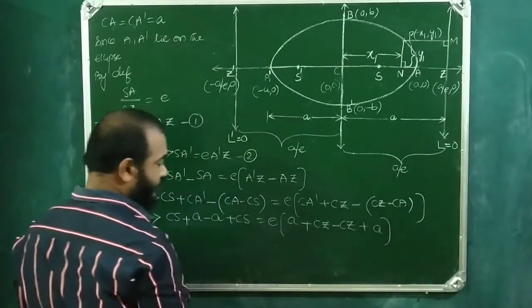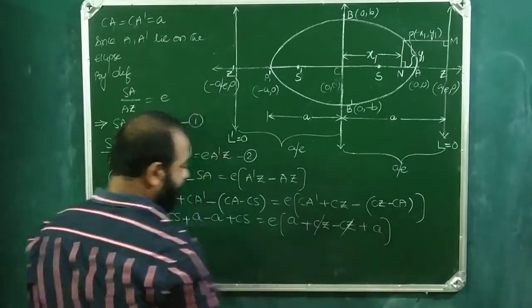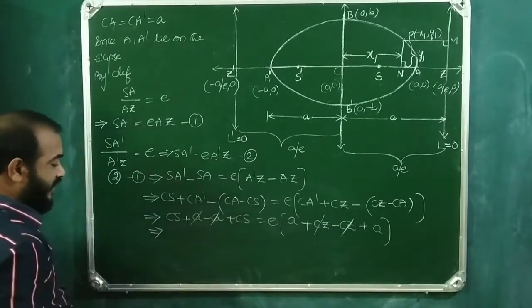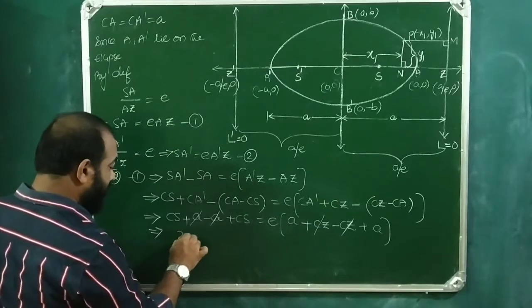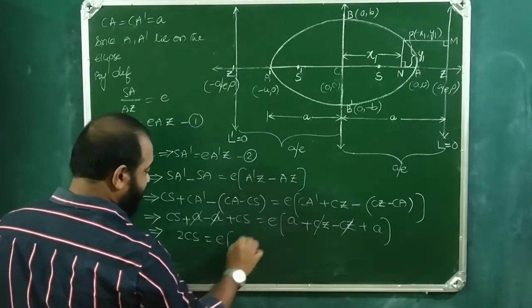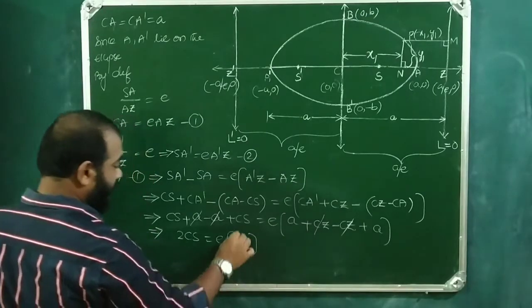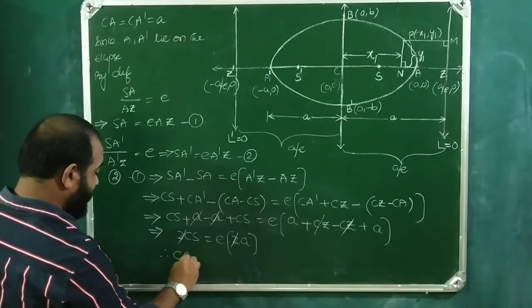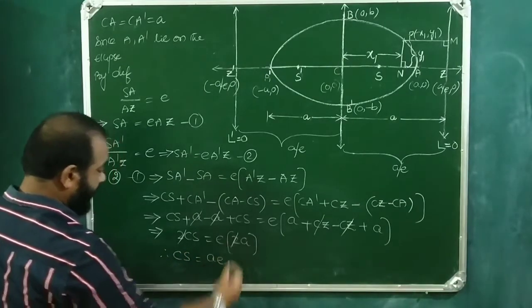CZ minus CZ gets cancelled, and a minus a gets cancelled. CS plus CS is 2CS is equal to e into a plus a, which is 2a. 2 gets cancelled. Therefore CS is equal to ae.